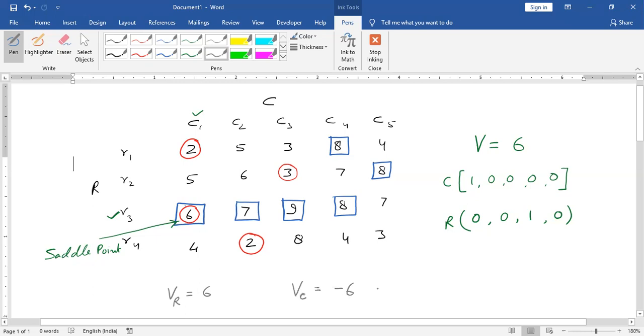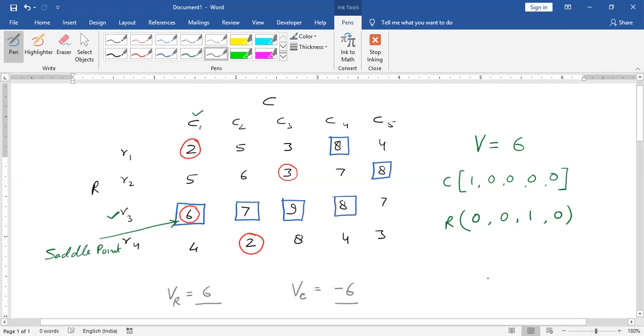Sometimes the examiner may ask what is a two-player zero-sum game. In that case, it is understood that when there are two players, and we add the winning point of the winner and the losing point of the loser, the result becomes 0. That is why for player C, the value of game is -6, and for player R, the value of game is 6.